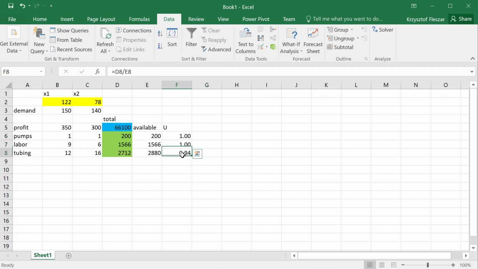So this is 100%, this is 94%. So that means tubing is actually not used to the limit. And in fact, it is not constraining our production because the other constraints ended up more restrictive given how much profit each product brings. So here you see that again, profits affect which constraints are actually limiting the flow rates.